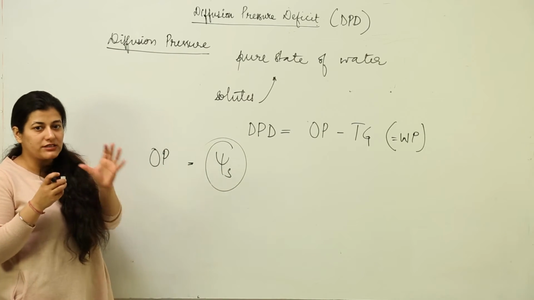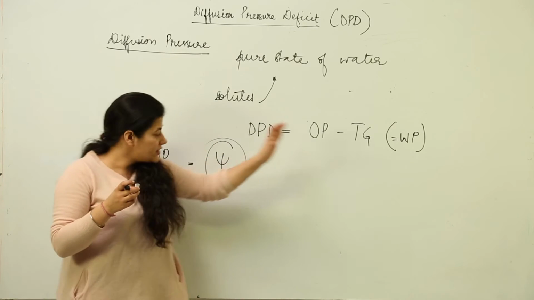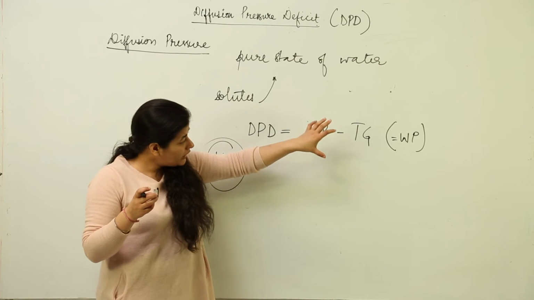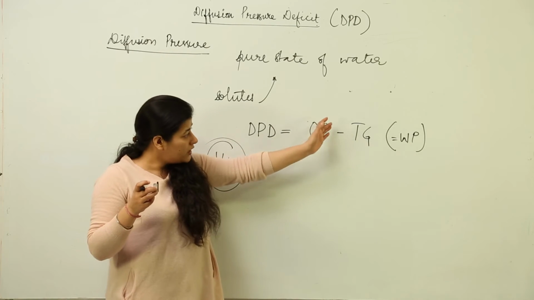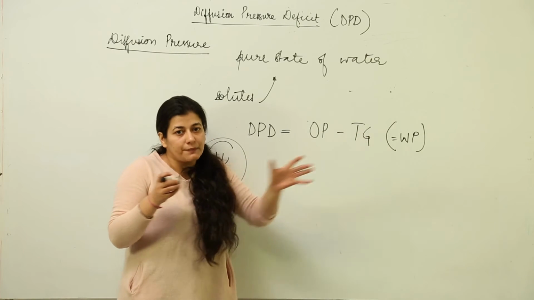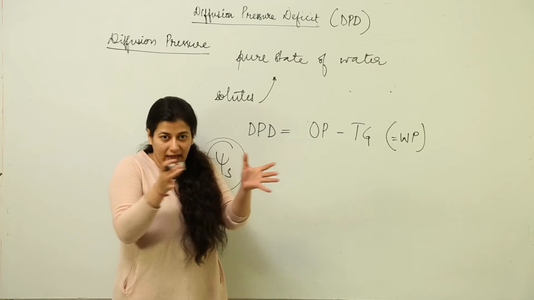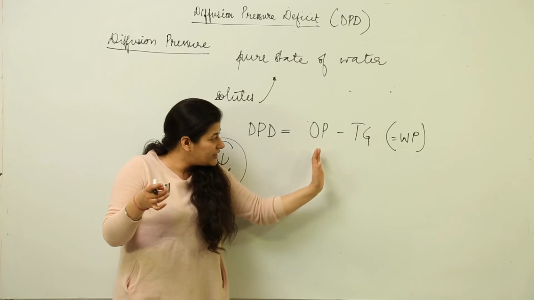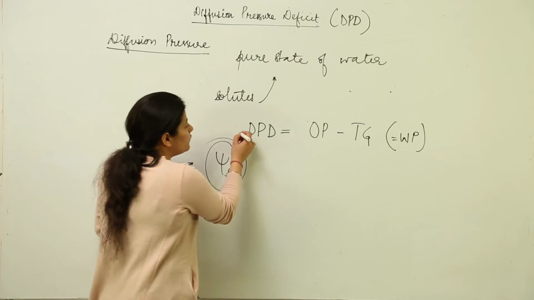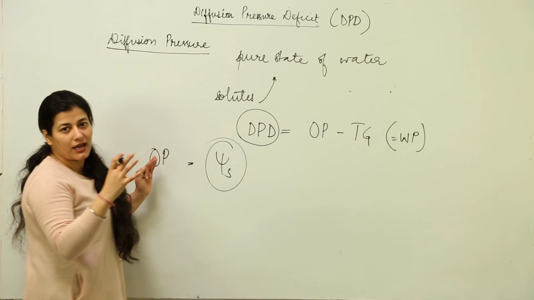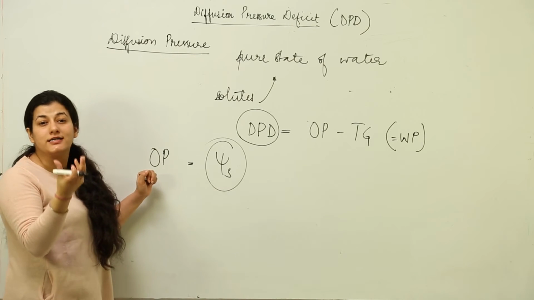It would have a certain value of osmotic pressure thanks to the solutes present in it. That osmotic pressure, when the turgor pressure generated by that osmotic system onto the wall, equivalent to the wall pressure, is subtracted from it, is known as the diffusion pressure deficit. In simple terms, you can say that it is the measure of thirst of a cell.